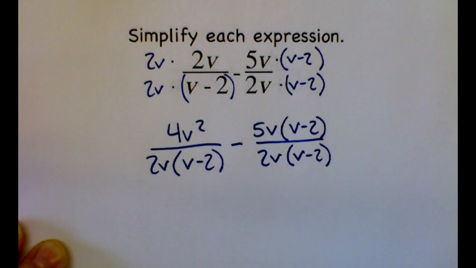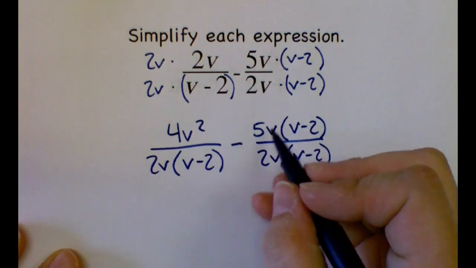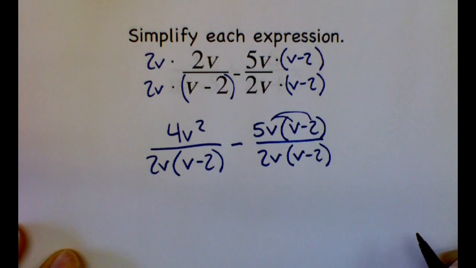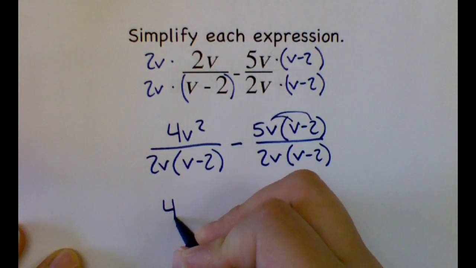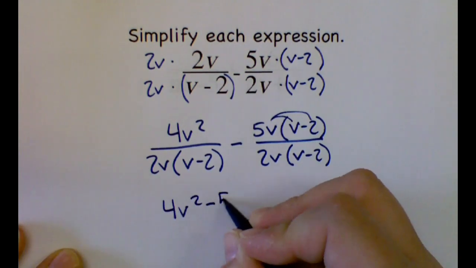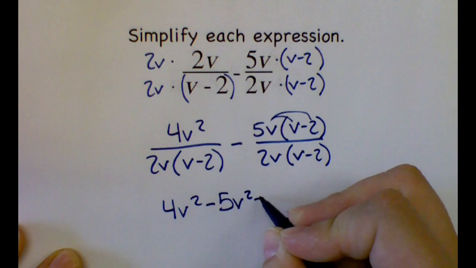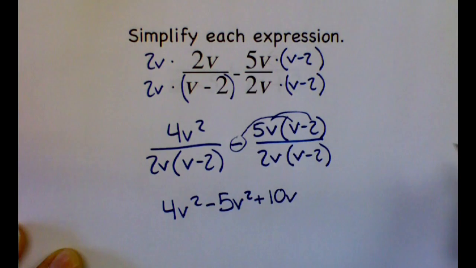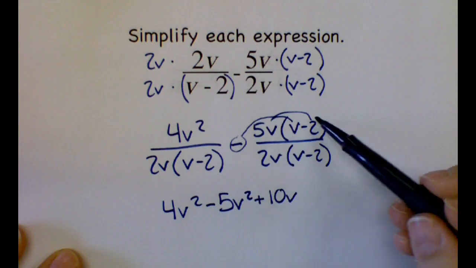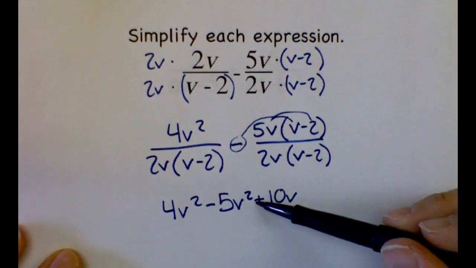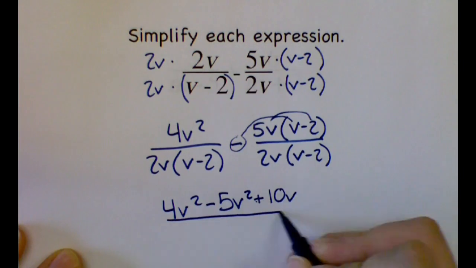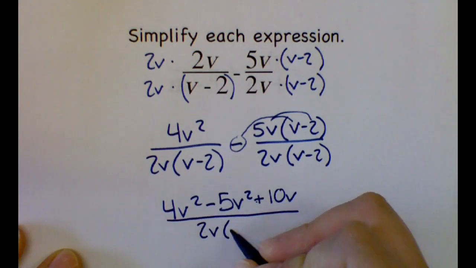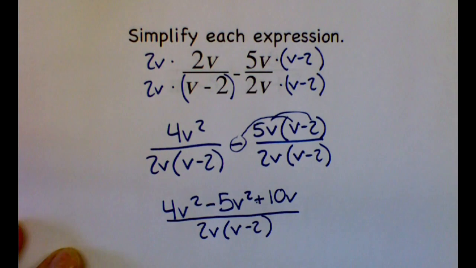I'll combine these into one fraction, and I'm actually also going to distribute here at the same time. 4v squared minus 5v squared plus 10v. Remember that this minus is getting distributed with the 5, so the double negative makes plus. And the denominator is just 2v times v minus 2.